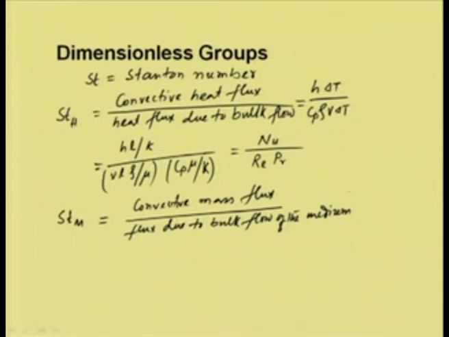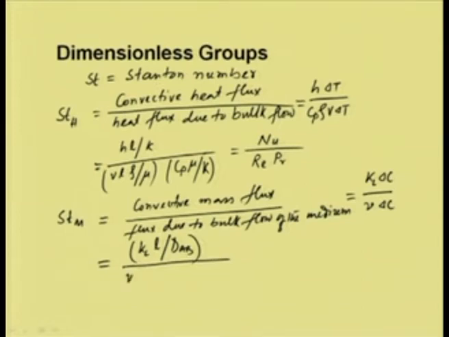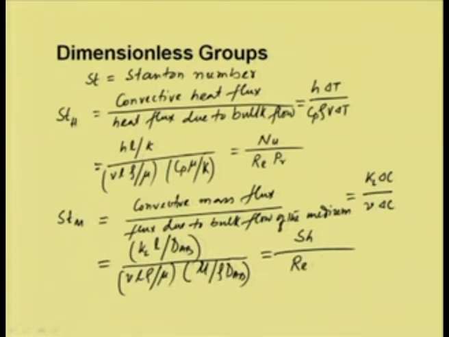So, we can write K L delta C divided by V into delta C, which we can write as K L L by D A B divided by V L rho by mu into mu by rho D A B, which we can write in terms of Sherwood number divided by Reynolds into Schmidt.